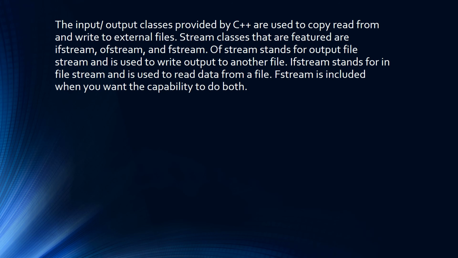If you do not close the file, then you'll get a problem and error. And then there's fstream, which is included when you want the capability to do both. So with fstream, you can go back and forth outputting to a file and receiving from a file.